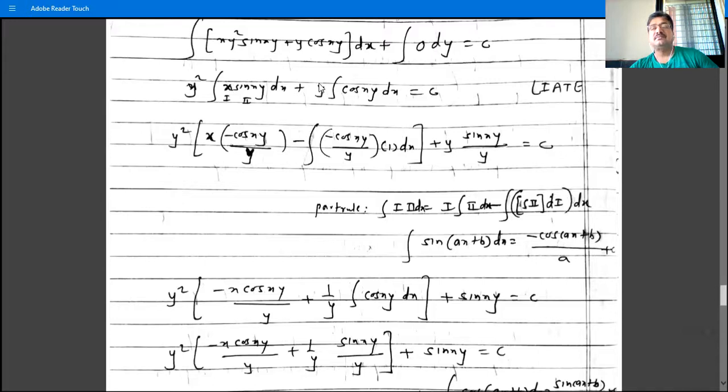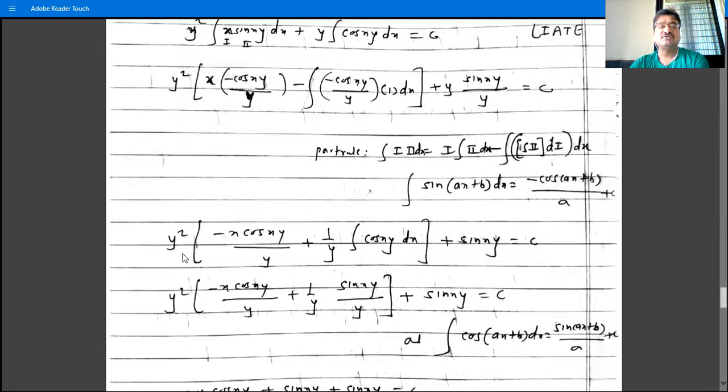Plus this y, integration of cos(xy). Integration of cos 4x is sin 4x divided by 4, so integration of cos(yx) is sin(yx) divided by y, plus the constant of integration c.